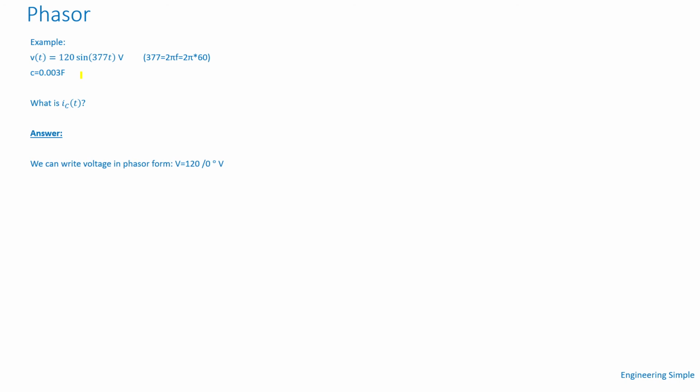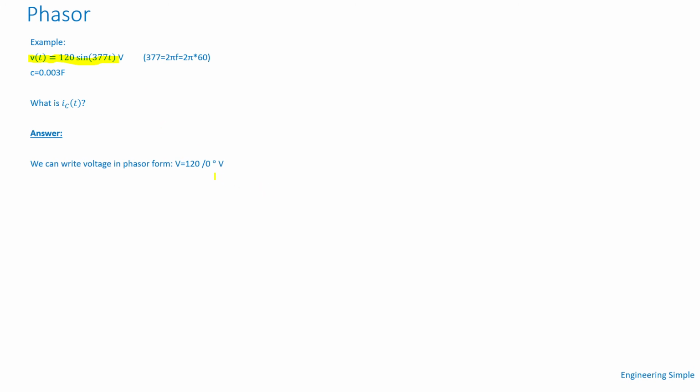I'm going to do this not in time domain, but in frequency domain, or phasors. Then I can show you how I can go from phasor to time domain. So I can write this as a magnitude, which is 120, and an angle, 377t plus 0 basically.